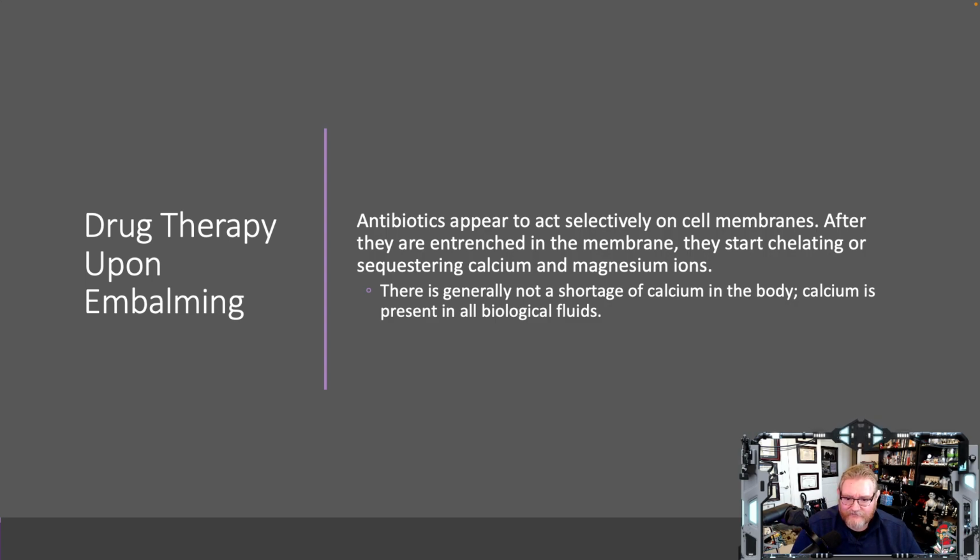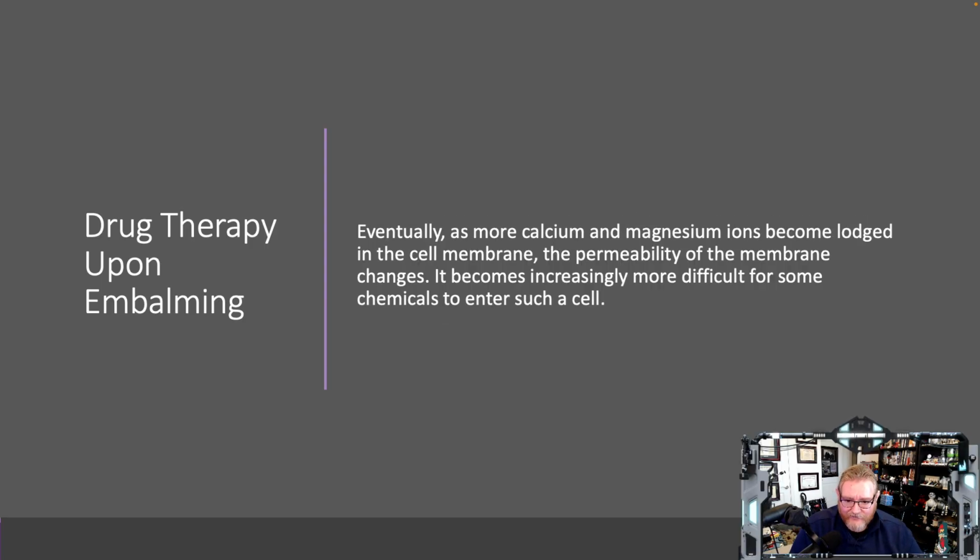Antibiotics appear to act selectively on cell membranes. After they are entrenched in the membrane, they start chelating or sequestering calcium and magnesium ions. There is generally not a shortage of calcium in the body. Calcium is present in all biological fluids. Eventually, as more calcium and magnesium ions become lodged in the cell membrane, the permeability of the membrane changes. It becomes increasingly more difficult for some chemicals to enter such a cell.